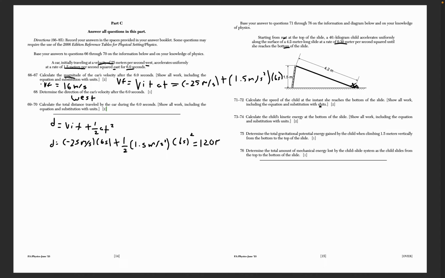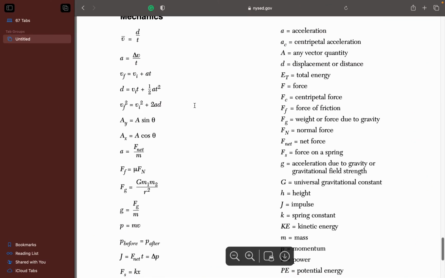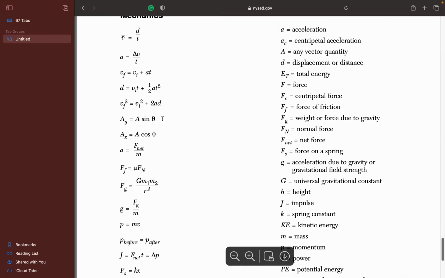Well, we could use VF. Let's see which formula we could use. We could use this formula.